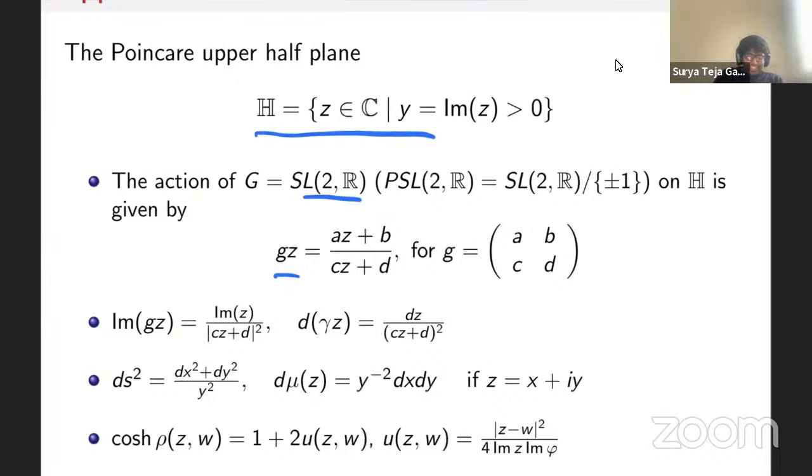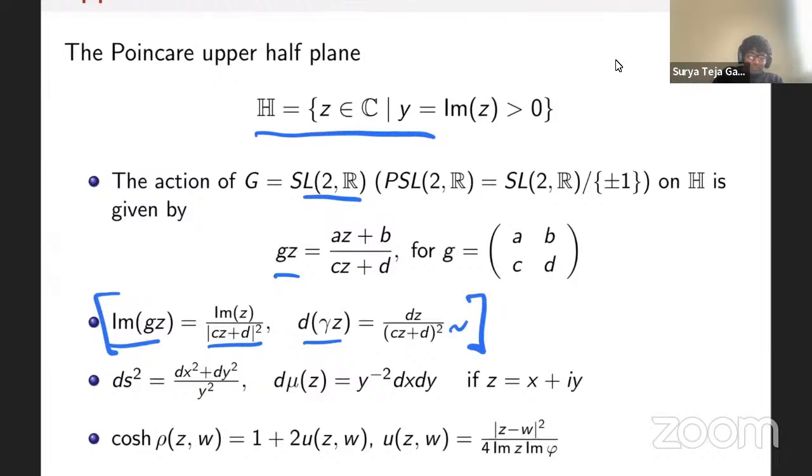There are some calculations that you can do. If you want, you can compute that the imaginary part of gz is the imaginary part of z divided by the absolute value of cz plus d, squared. If you compute the differential, d(gz) is dz over (cz plus d) squared. If you haven't computed these quantities before, just computing these things is really helpful.